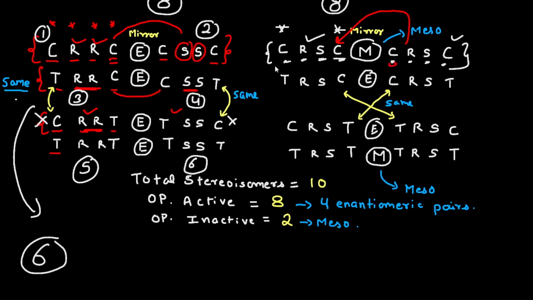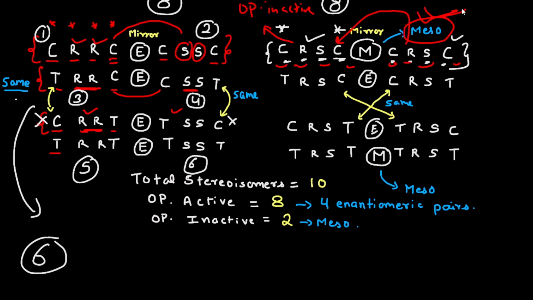Cis will match on cis, R will match on R, S will match on S, and C will match on C, because the two mirror images are superimposable. So this is going to be optically inactive, first of all, and second, such stereoisomers get a special name called meso stereoisomers.